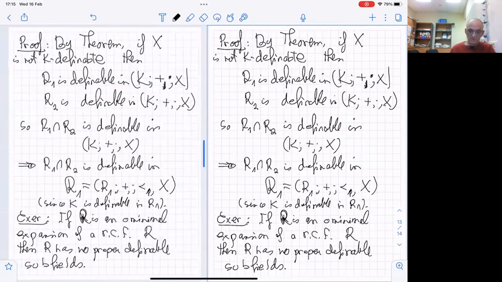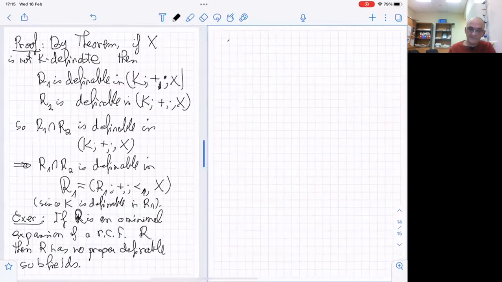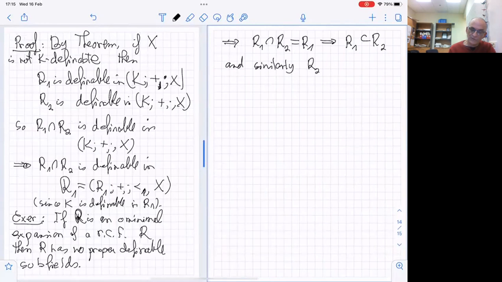Okay, so hence R1 intersection R2 equals R1, which implies that R1 is contained in R2, and similarly, R2 is contained in R1. So we get that the two fields are equal. Contradiction.